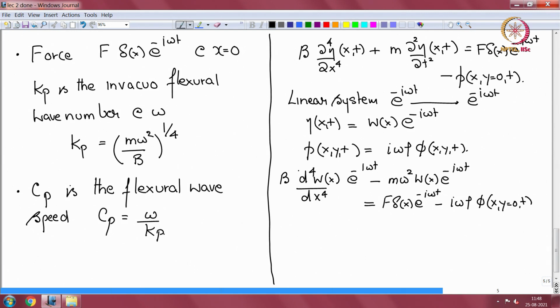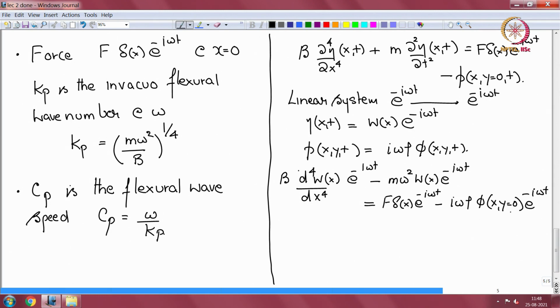I'll just leave it as a t, okay, that's also a harmonic term. So we'll write it in this manner, e to the power of minus I omega t, okay. Please get used to these shortcuts.